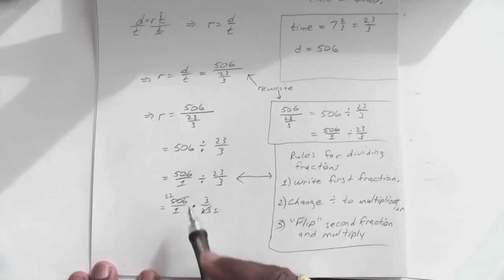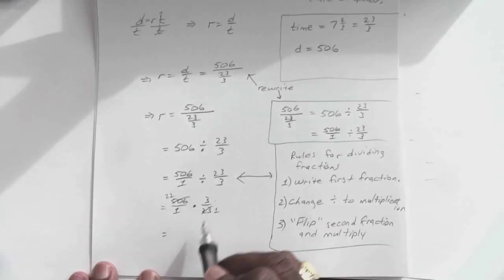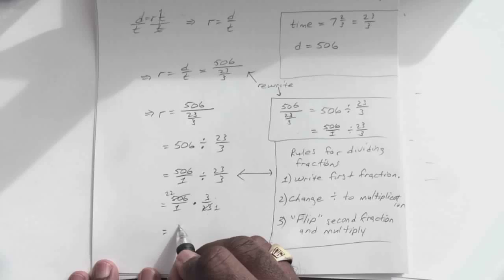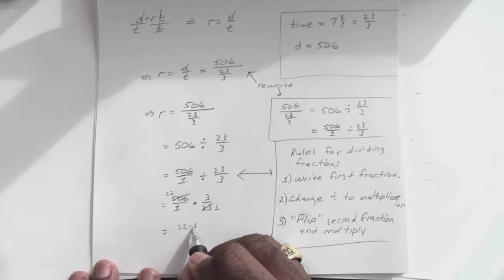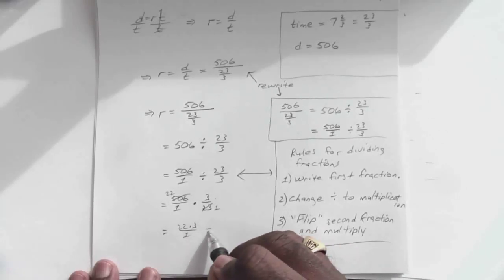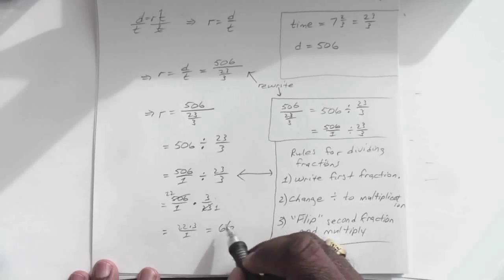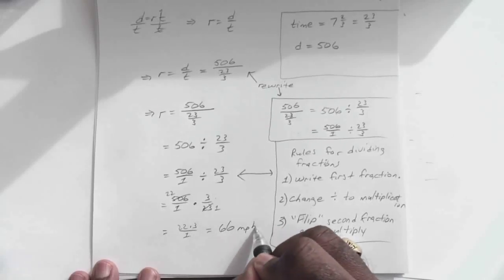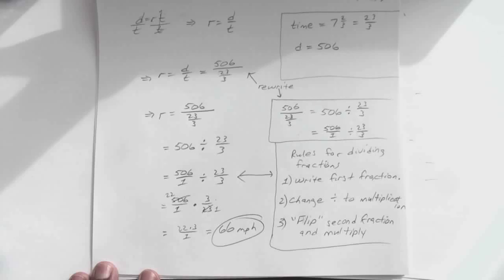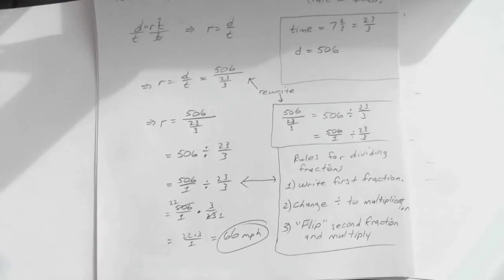Okay? So this actually gives us 22 times 3 over 1, which is 66. Okay, so whenever they throw in mixed numbers, it gives you a few extra steps, makes it a little bit harder.